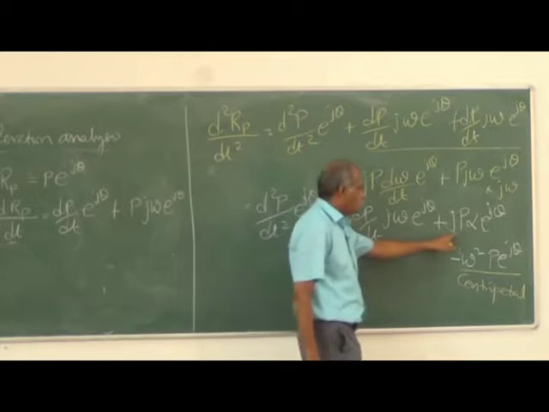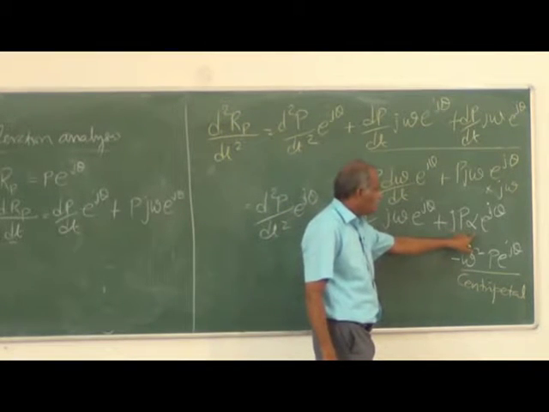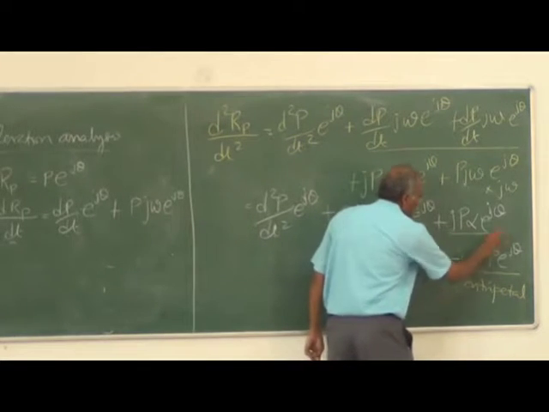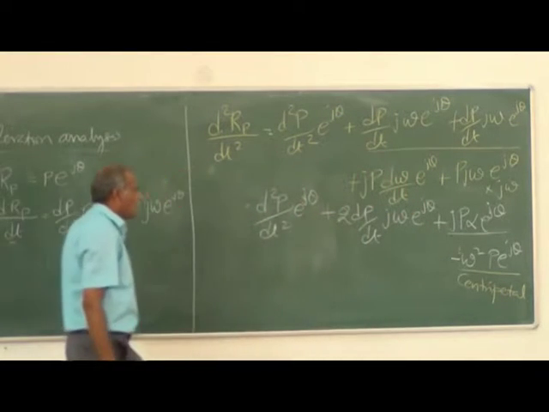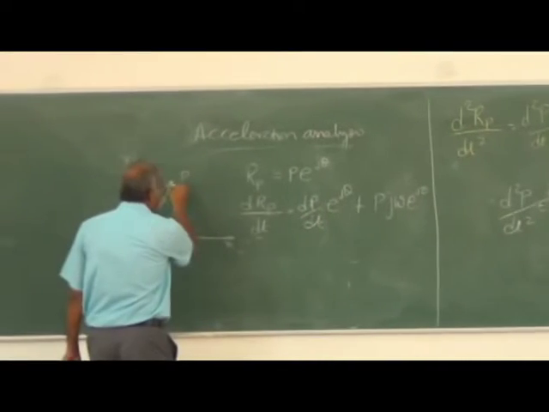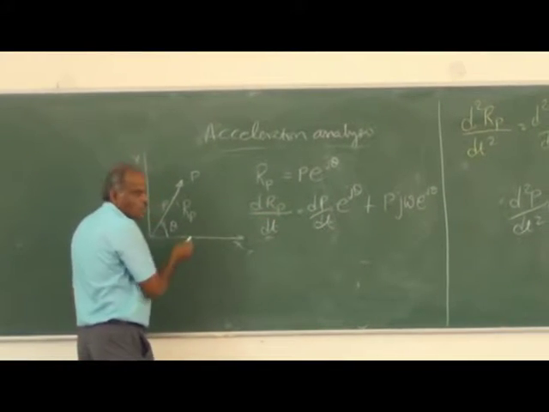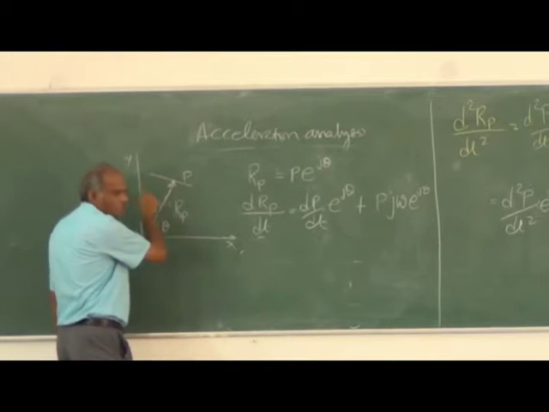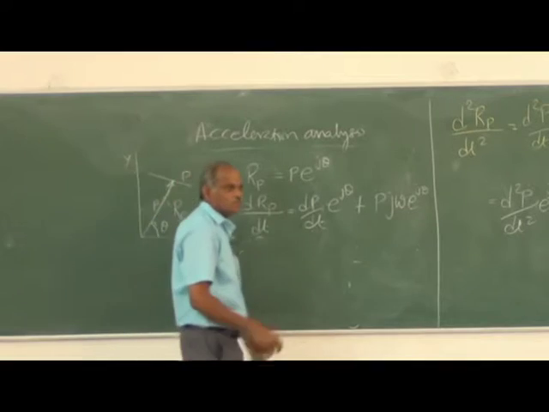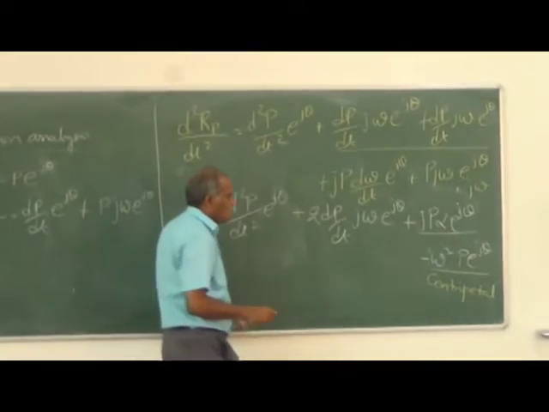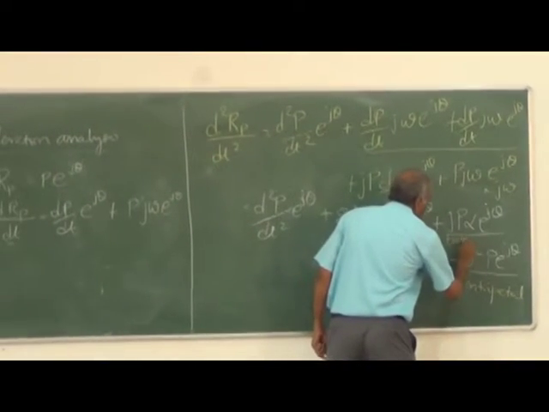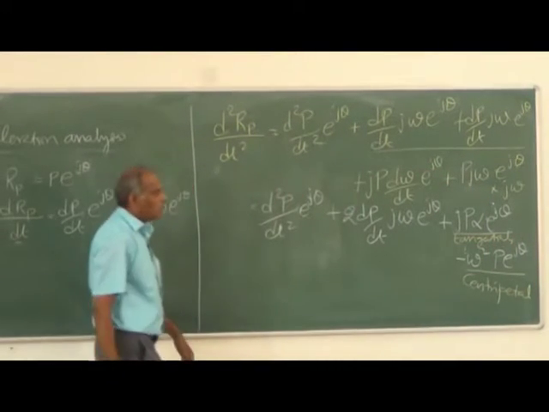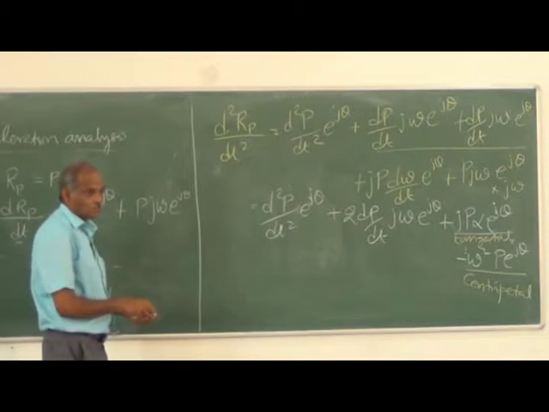Now you see that j times p alpha e power j theta. If you look at the direction, p times p into j, it will be perpendicular. So it will be along this direction, perpendicular to the position vector. That is your tangential acceleration.